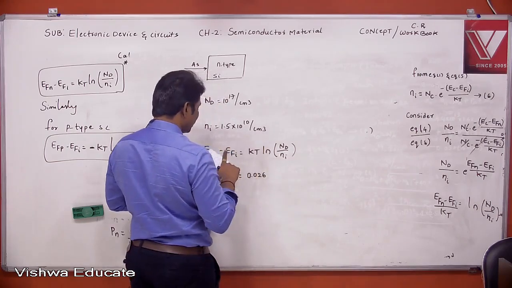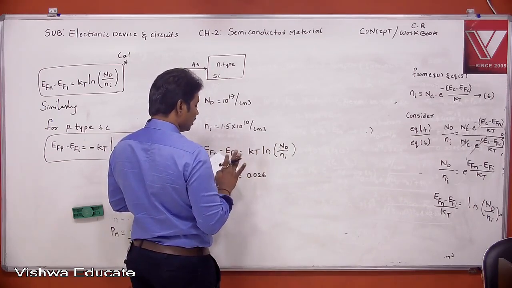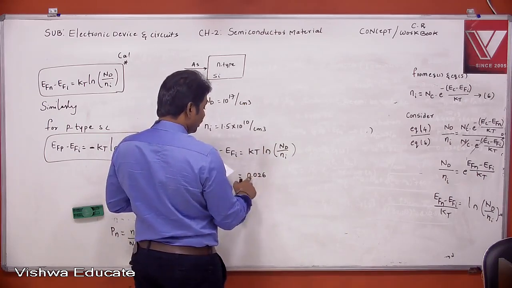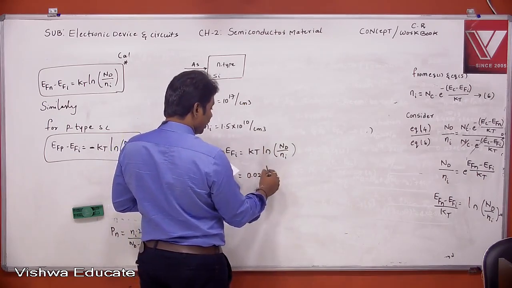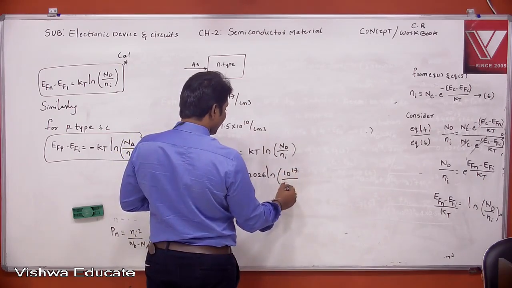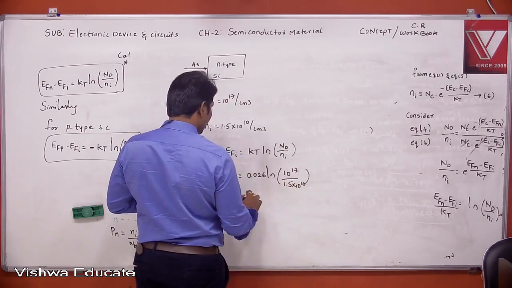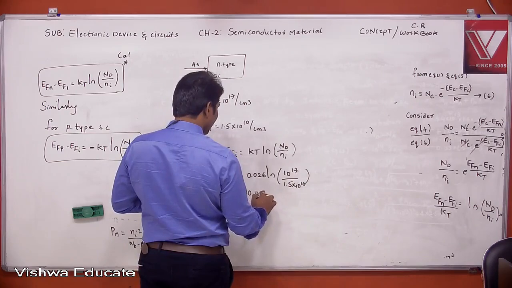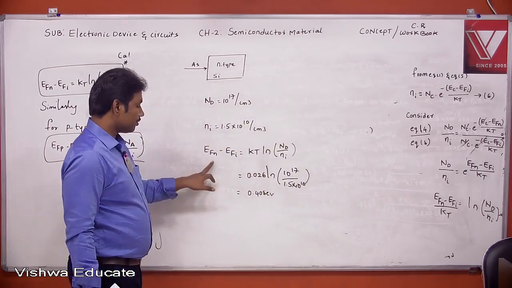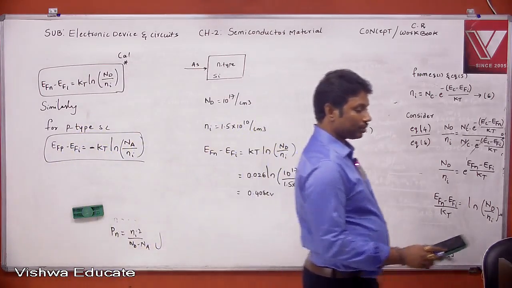Here they did not mention room temperature or not, but we should generally consider room temperature if it is not mentioned, right? So kT value at room temperature is 0.026 ln of Nd, Nd is 10 power 17, Ni is 1.5 into 10 power 10. Now what is this value? 0.408 electron volt. This is the extrinsic Fermi level with respect to intrinsic, nothing but the doped sample with respect to the undoped sample.